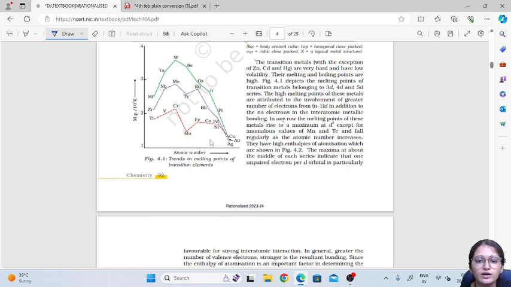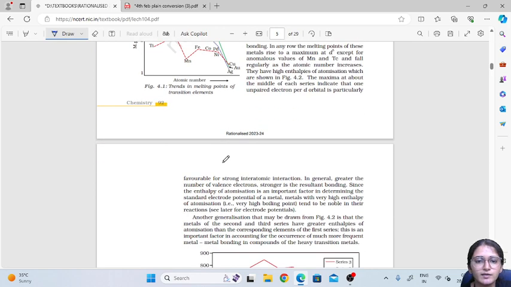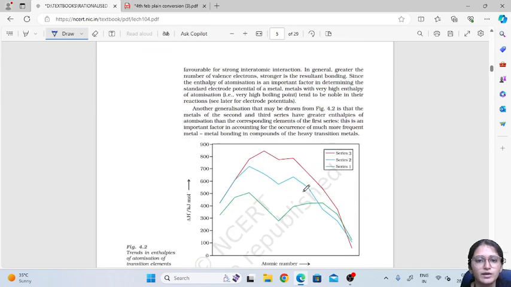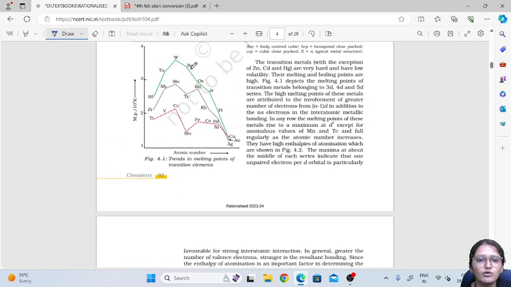Here, the greater the number of valence electrons, the stronger the resultant bonding. That's why the enthalpy of atomization is important for determining the standard electrode potential. So it decreases, again it increases at iron, and again decreases because the number of valence electrons, which are unpaired electrons, decreases. So this is the trend we can follow in this melting point order.